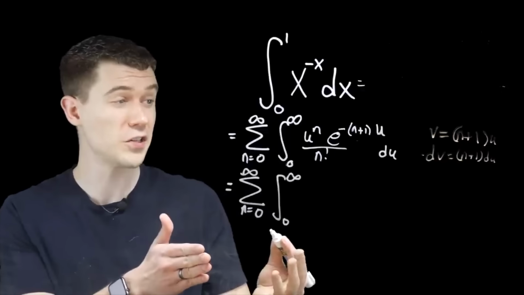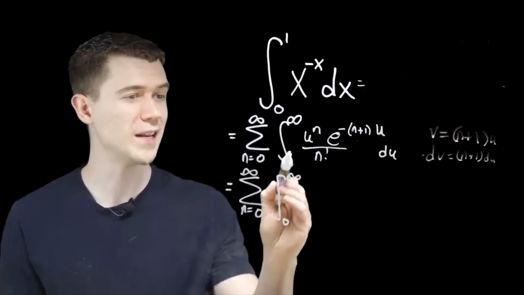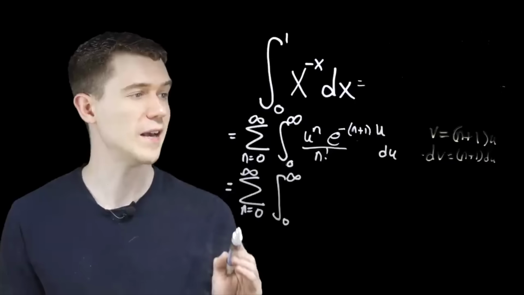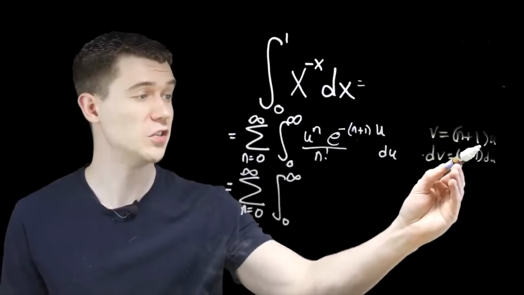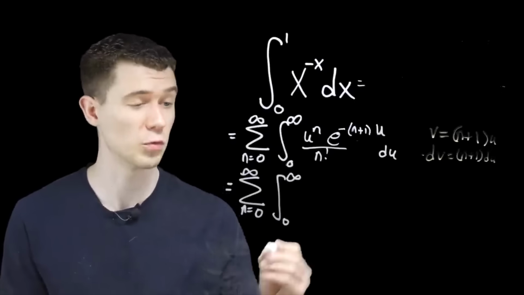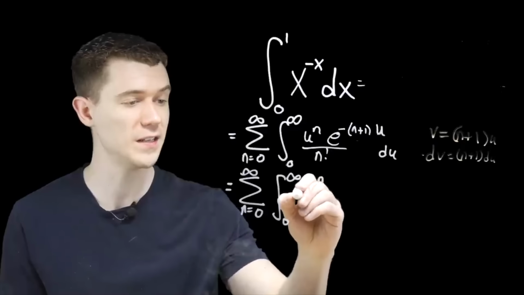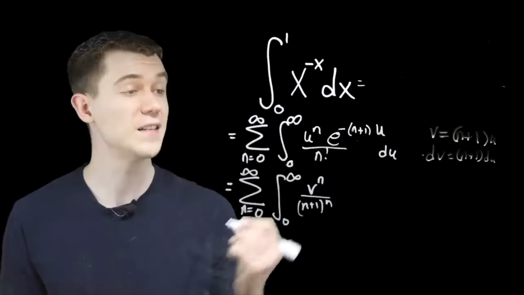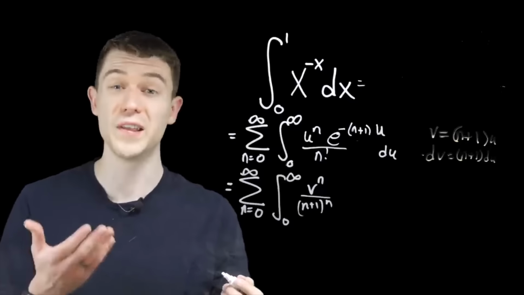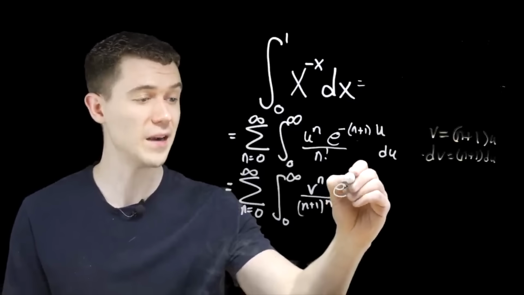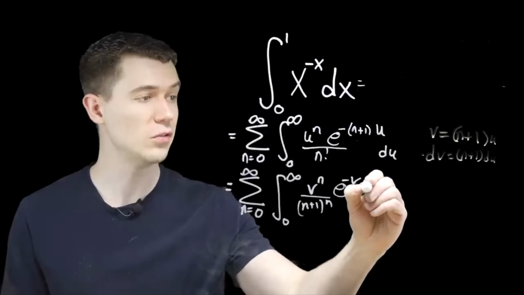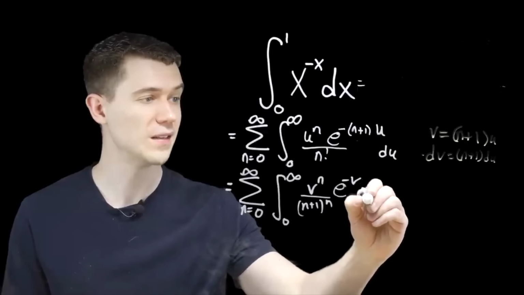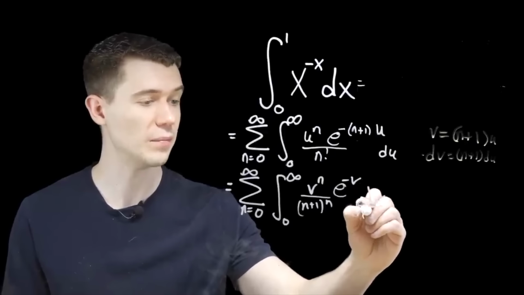The bounds of integration won't change, but what we have now is that u to the n should change into v over n plus 1, to the n. I'll simply write that as v to the n over n plus 1 all to the n. The e to the minus n plus 1 times u will be exactly e to the minus v, and du becomes dv over n plus 1.